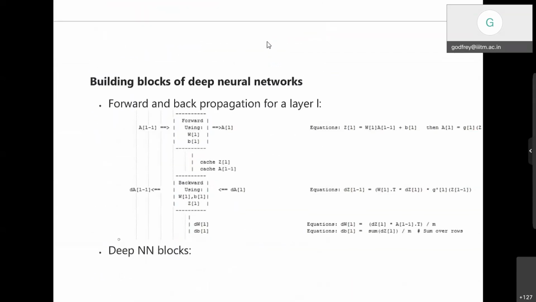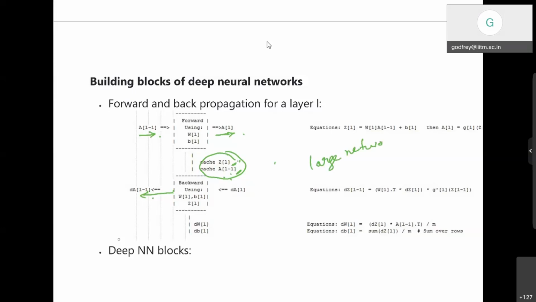In this particular case, what you do is you take the input from the previous layer and create an output, and then you cache these values because they'll come in handy when you're doing backward propagation. These values, for instance dz, will be helpful in computing the derivatives.